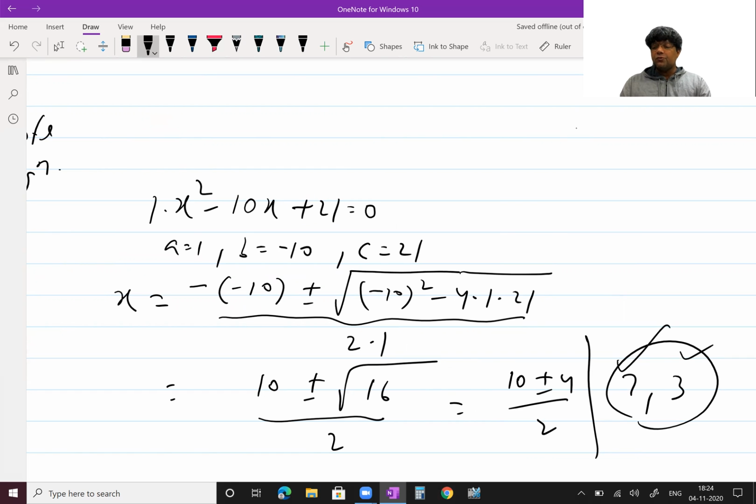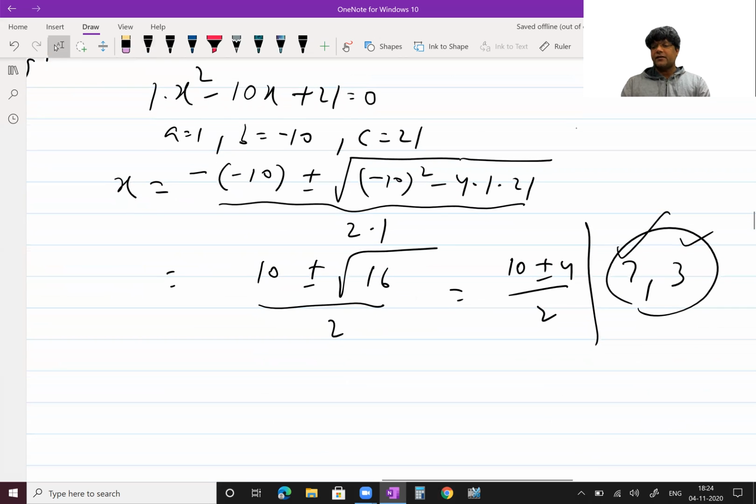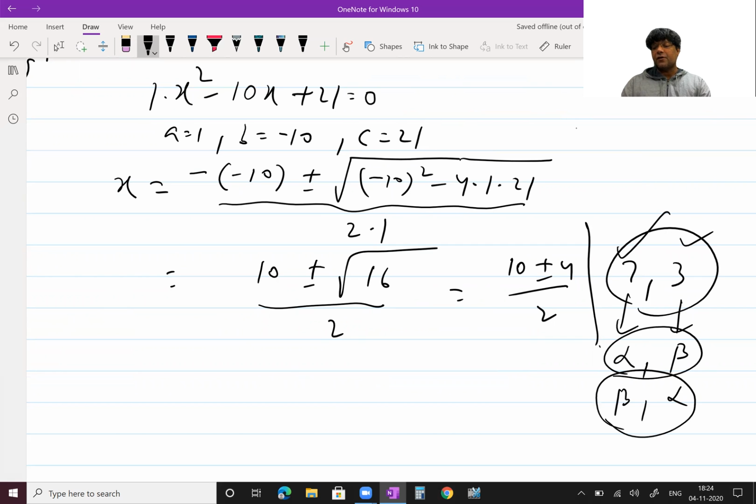Out of these two roots, any one is alpha and the other is beta. I am not saying the first is alpha and the second is beta, or that the first is beta and the second is alpha. Anything can happen. If you take the first to be alpha, the second is beta. If you take the first to be beta, the second is alpha. So what will I say in one line?